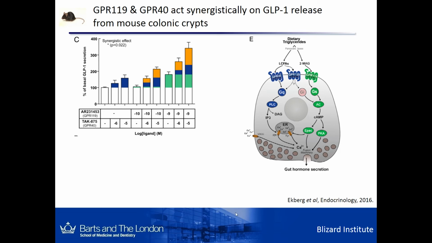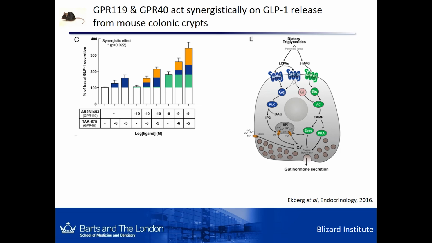So if we look specifically at this bar right at the end, what they show is the synergistic effect in orange compared to GPR40 on its own in the blue and GPR119 on its own. And they propose that this synergism is occurring because there are two intracellular pathways that are being activated separately, and then there's convergence at this level of secretion to promote this secretion of GLP-1.